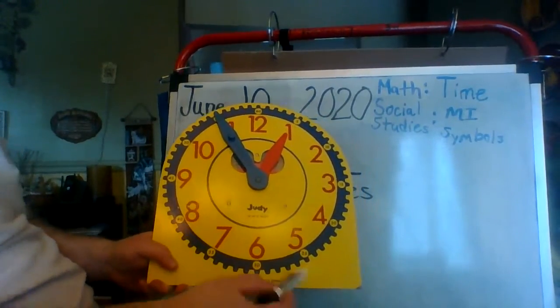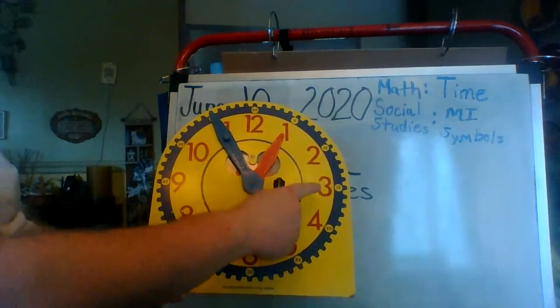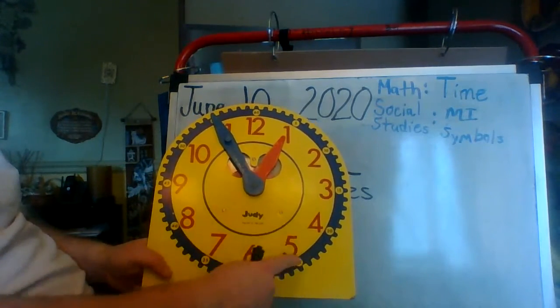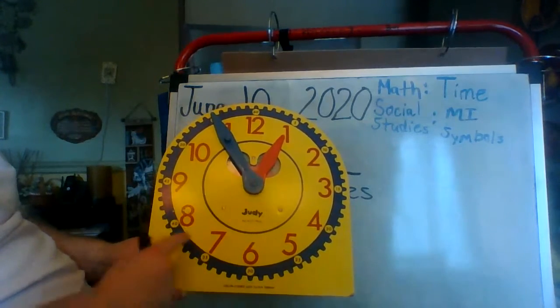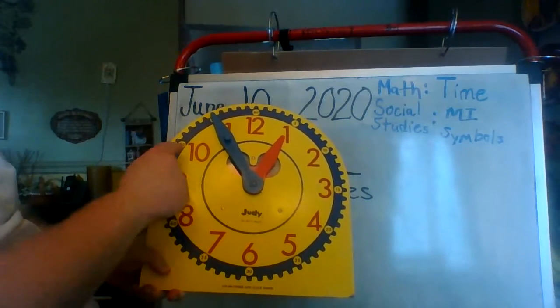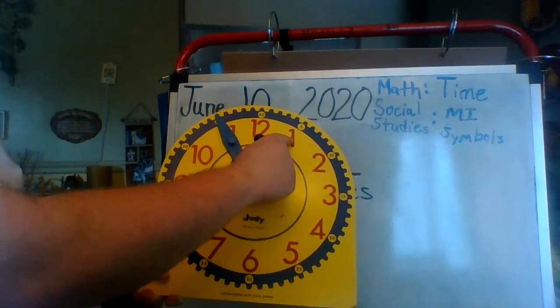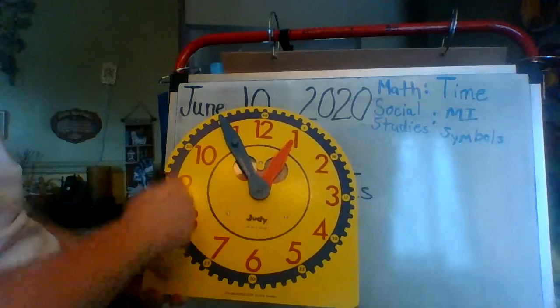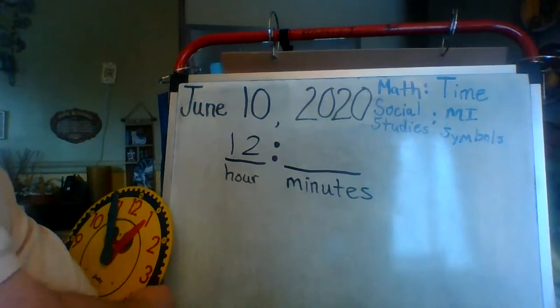I'm going to count that one more time, make sure you can see it. So my hour is 12, and I'm on 55 minutes. I'm almost at the hour of 1.